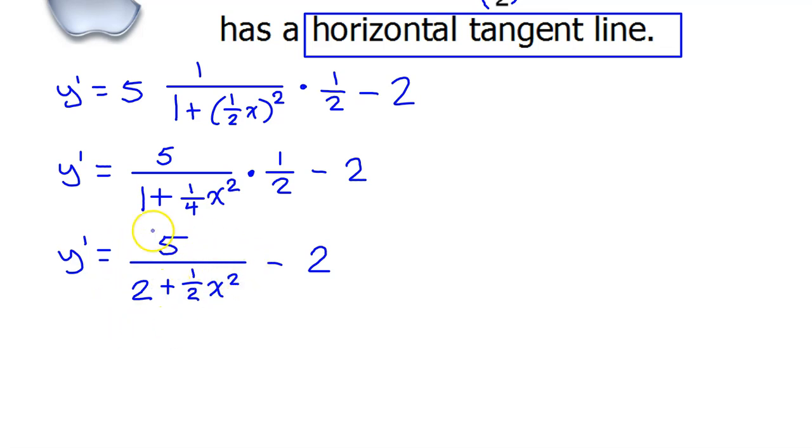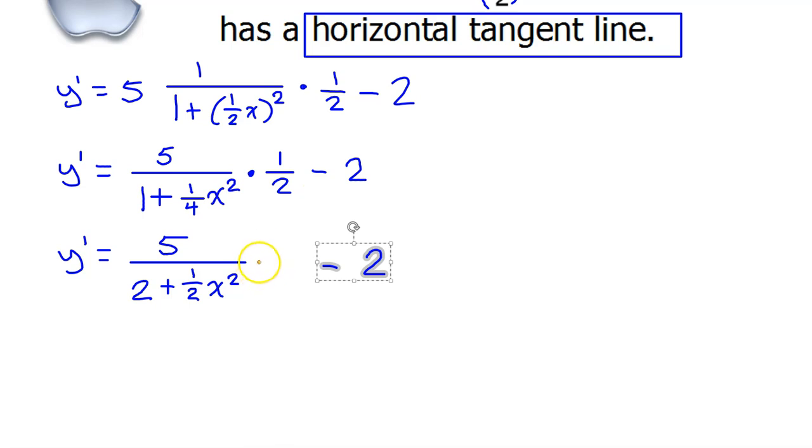We need to simplify this business because we have a fraction inside of a fraction. That's no good for finding the horizontal tangent line. So one way to get rid of the fraction inside of a fraction is to multiply. We are always allowed to multiply by 1 because multiplying by 1 doesn't change anything.